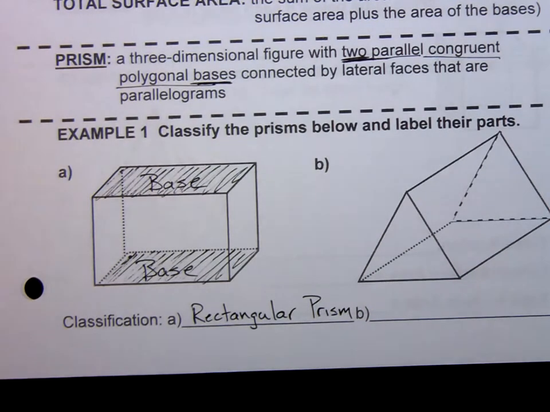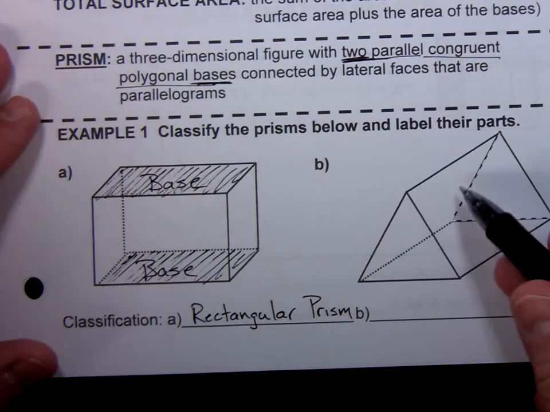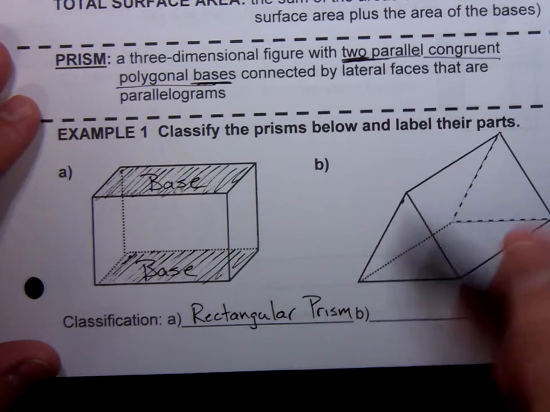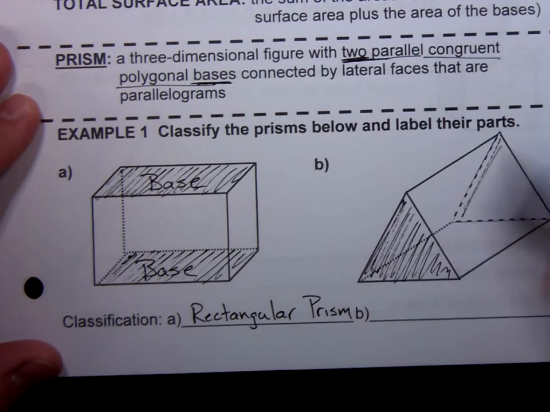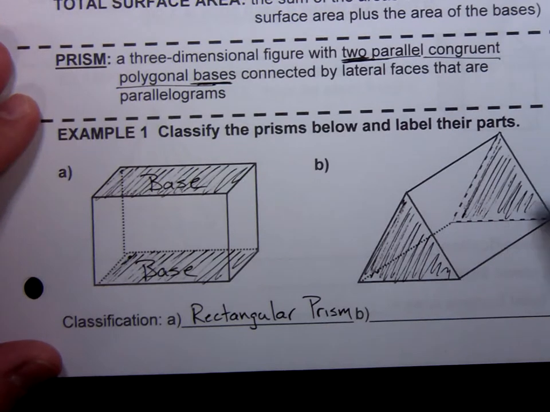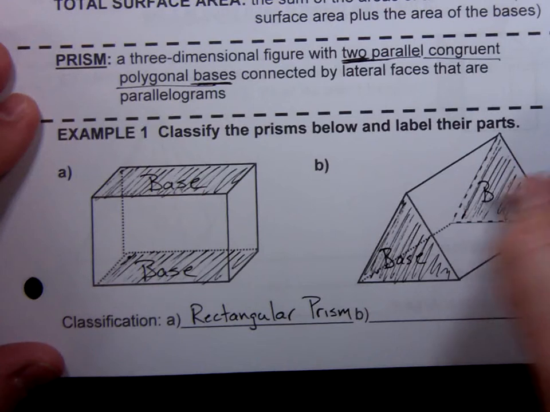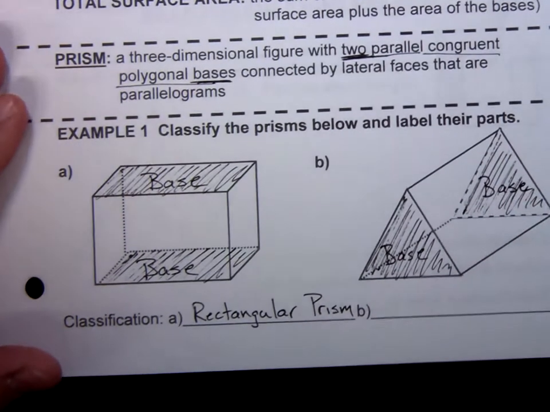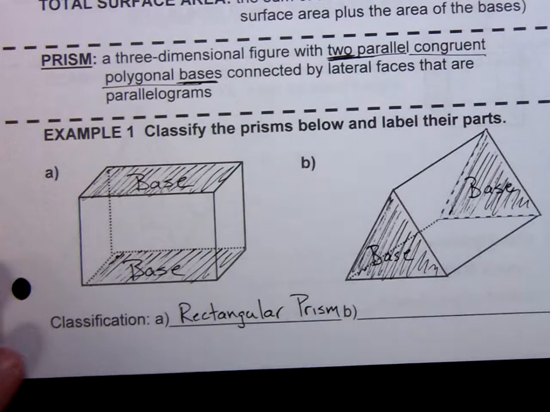Let's talk about the parts. Actually, let's classify this one first, and then we'll talk about parts. On this one, the bases are here and here. This is a base, and this is a base. Remember, for any kind of prism, you have to have two parallel congruent bases.